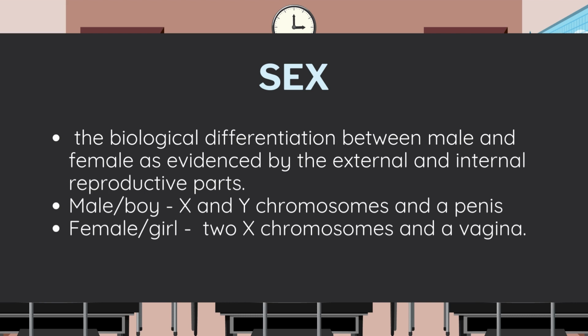So, it is determined right away at the time of fertilization as the chromosomes inherited from the mother and the father combine. So, genetically, a male or a boy has X and Y chromosomes and a penis, while a female or a girl has two X chromosomes and a vagina.